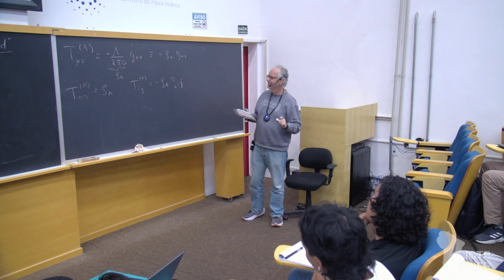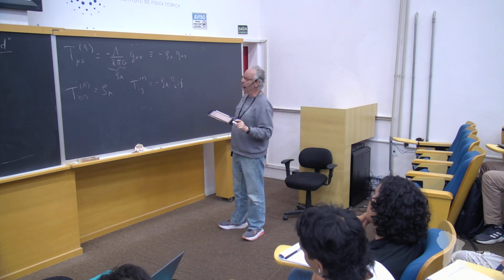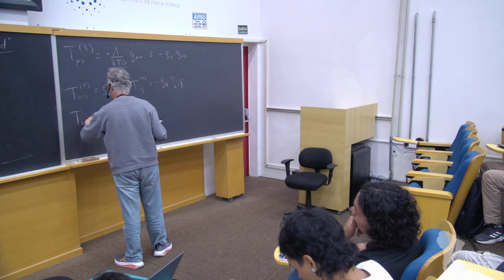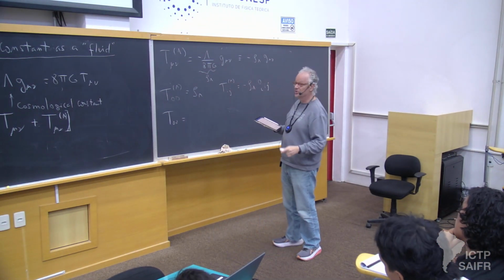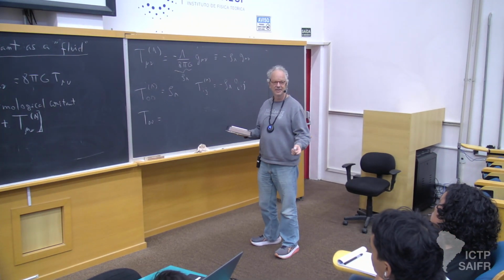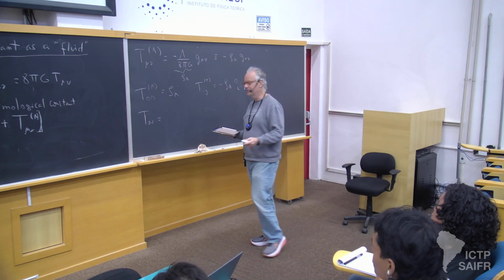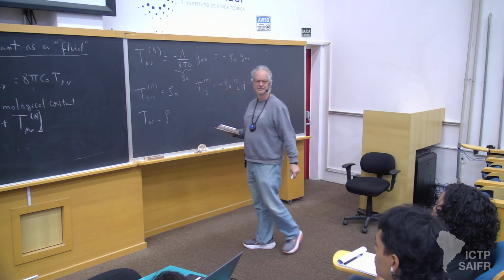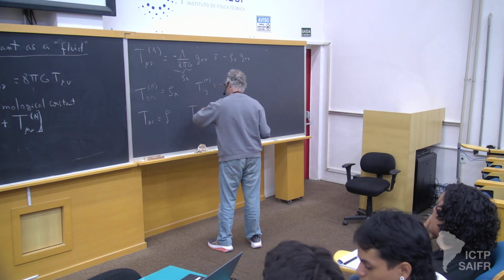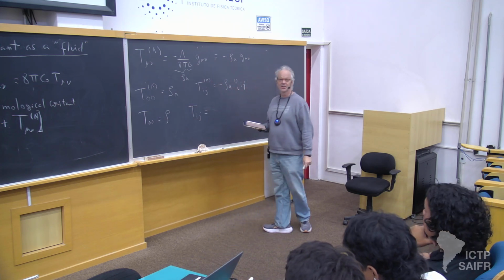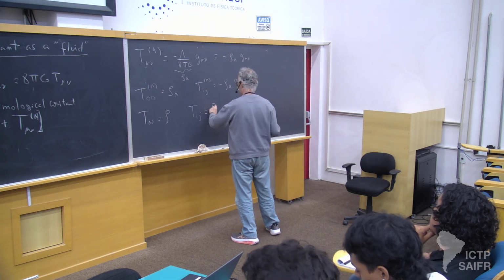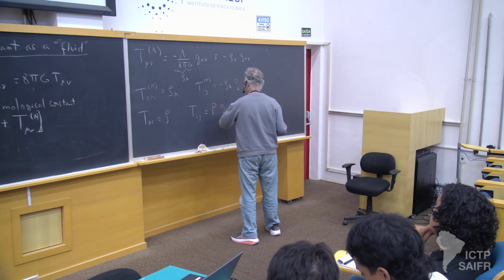Now let's compare this with the energy momentum of a perfect fluid. For a perfect fluid, what is the 0, 0 component? It's rho, the energy density of a perfect fluid. And if you look at your notes, what is the ij component of a perfect fluid? P g_ij.